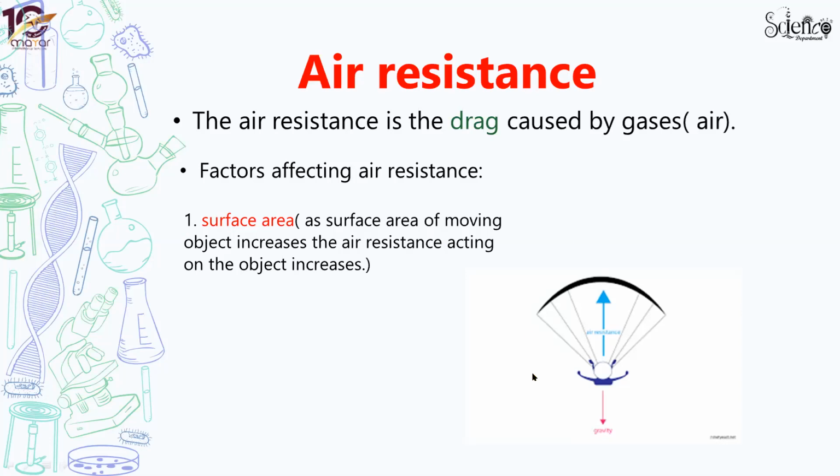How does surface area affect it, and what do I mean by surface area? Let's remember together that surface area, for example for this parachute, is the area that is in contact with the air. The area in contact with the air is the surface area of this object. So, as the surface area increases, what's going to happen to the air resistance?